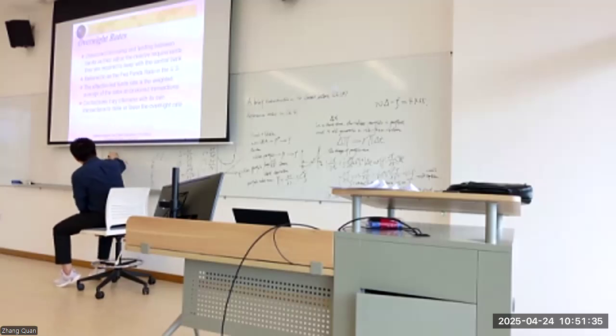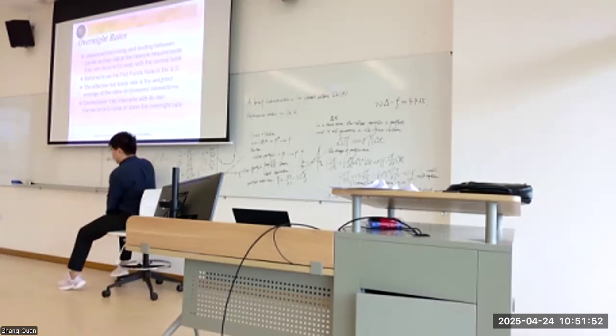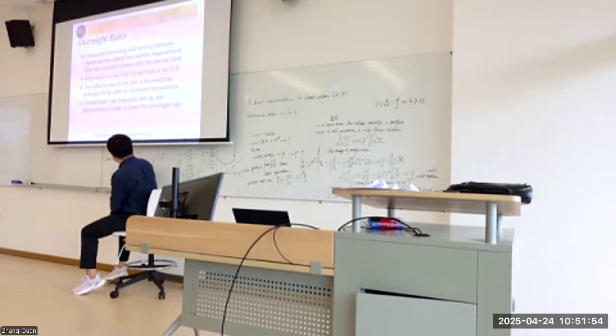So the flow is like this. Every day the bank has some cash inflow. This can be deposits, debt repayment from some company, and so on. And you also have some cash outflows.